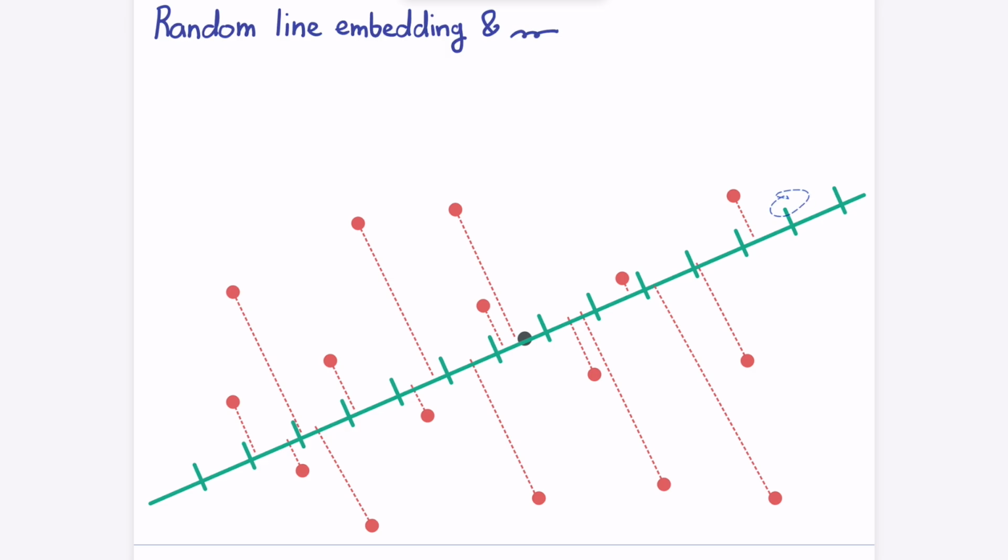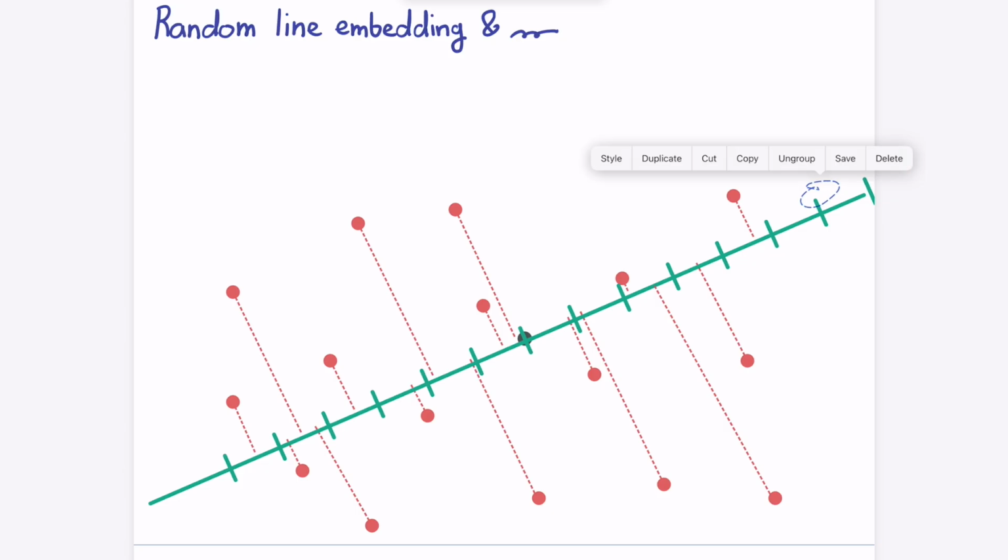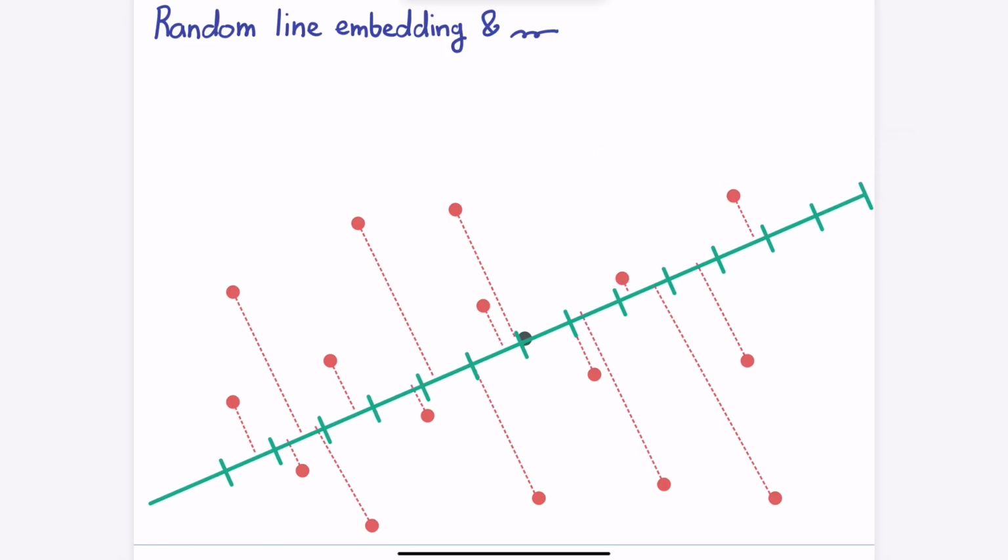Now, how should I actually set the buckets? I could get them to line up at the origin, like this, right? But we don't want to do that because maybe there's some data that's bad for that, because things that are just around the origin are always getting killed. So we're going to randomly translate the buckets and pick a random translation to set it.